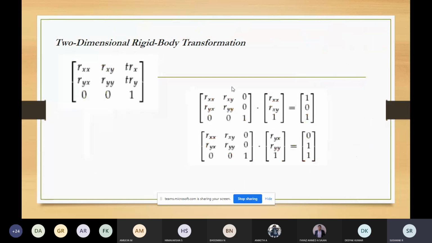For the same equation, if you remove the scaling terms, it becomes the 2D rigid body transformation.